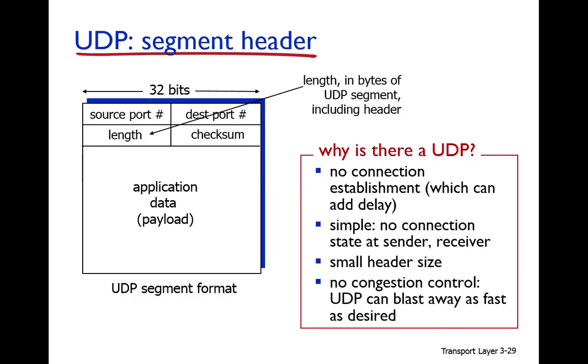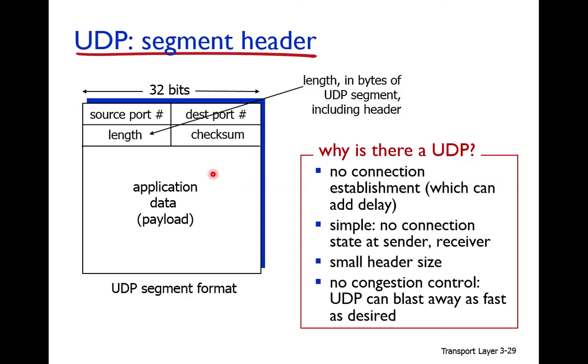The UDP header consists of 4 fields. The source port number, the first field, identifies the source application. The destination port number identifies the destination application. It is a 16-bit integer value, for both the source port number and destination port number. Length: this field specifies the length in bytes of the UDP segment.